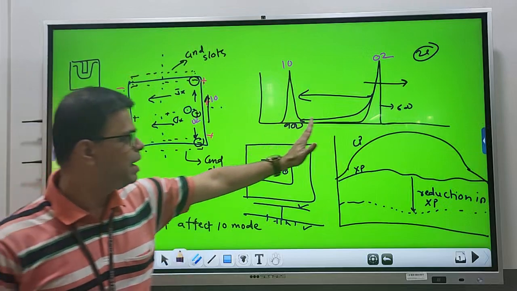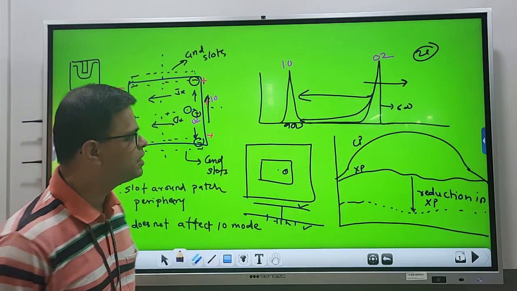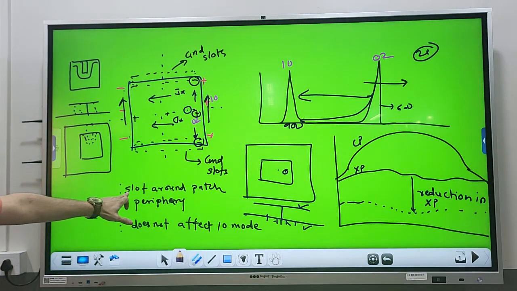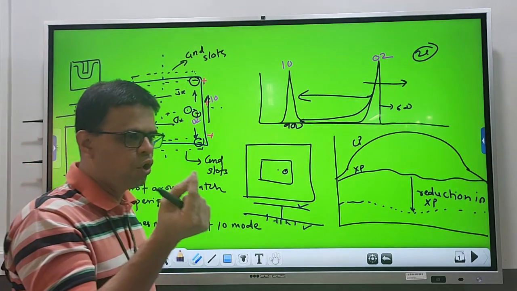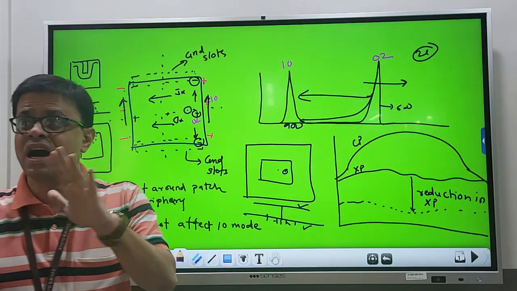So here, my main job is to reduce the residual contribution. For that, I am going to employ the slot. Remember, as I said earlier, the role of slots in broadband design, compact design, and DGS are different.